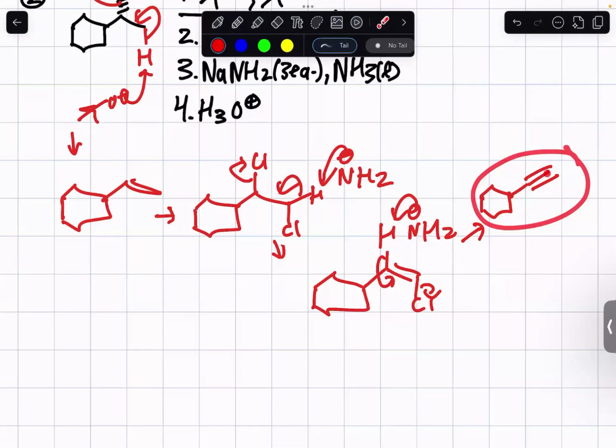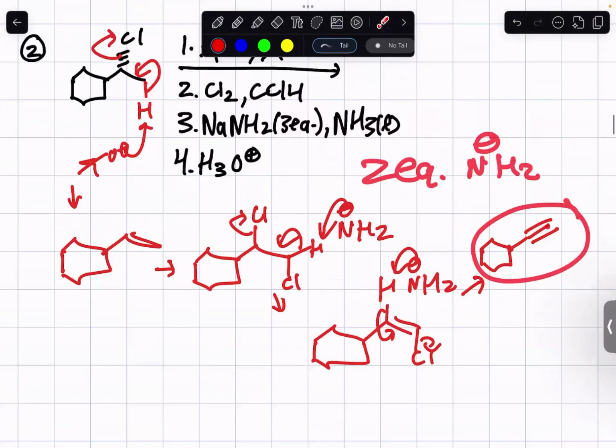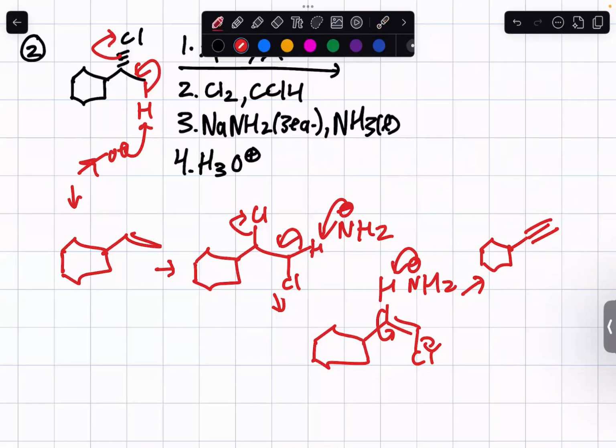If this was a synthesis problem, you cannot use 2 equivalents of NH2 minus. You need at least 3 equivalents of NH2 minus, because this right here would actually be in poor yield, low yield. To get this in high yield, we would have to deprotonate this acidic hydrogen right here. The reason why this hydrogen is acidic is because of this sp carbon right there.